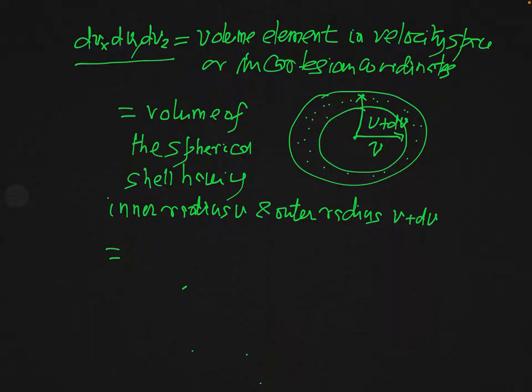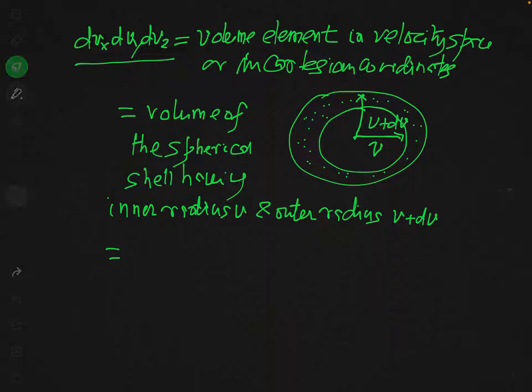From mathematics you have definitely studied the chapter in differential calculus, rate measure, and in that we encounter such types of problems. You can easily find the volume of this spherical shell whose inner radius is v and outer radius is v plus dv.